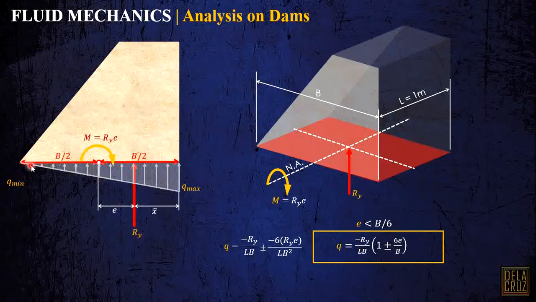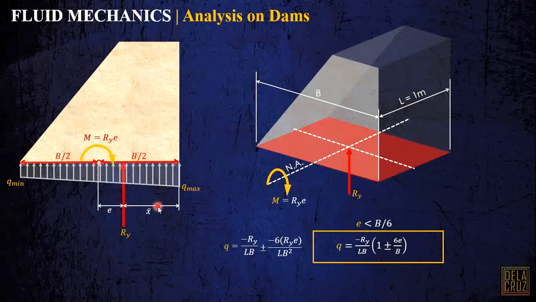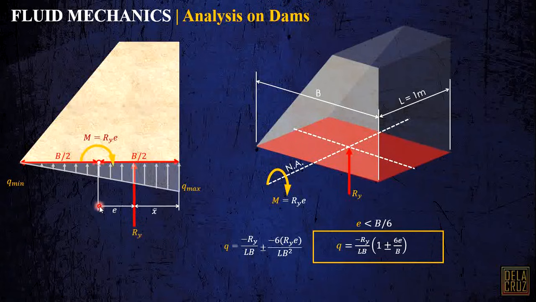Let's say nag-zero lang talaga yung pressure dito at the heel, no? As you can see, the transition, the E will be greater or hahaba yung E natin if ito yung scenario natin.